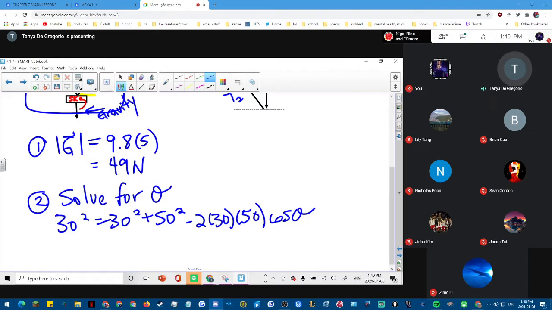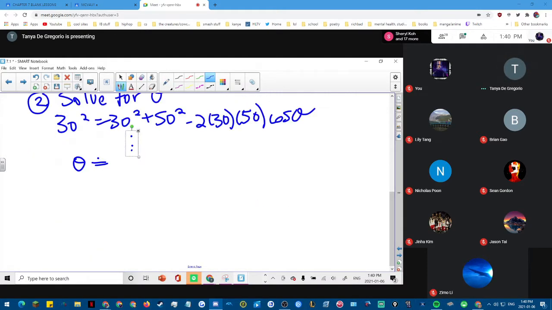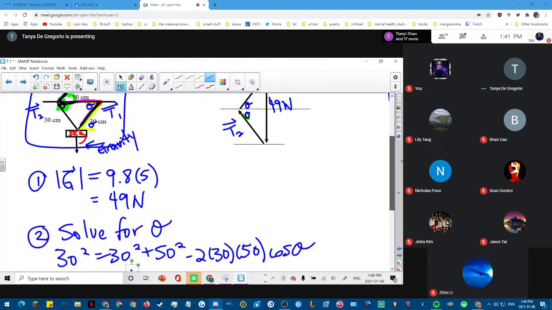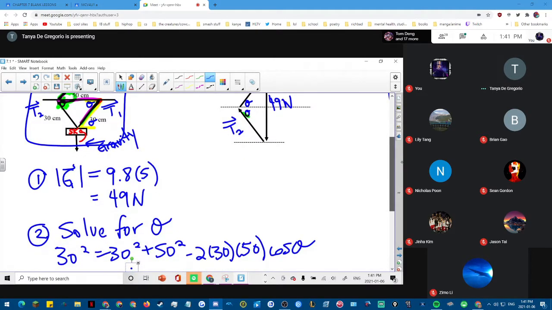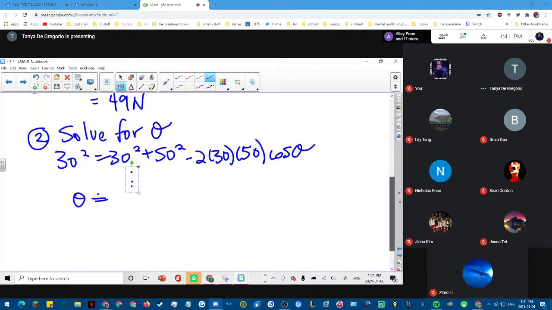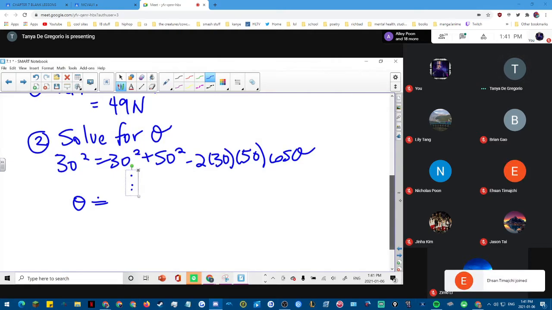And you guys tell me, go ahead and do this and tell me what theta is approximately equal to. Give it to me to 1 decimal place. Anyone?